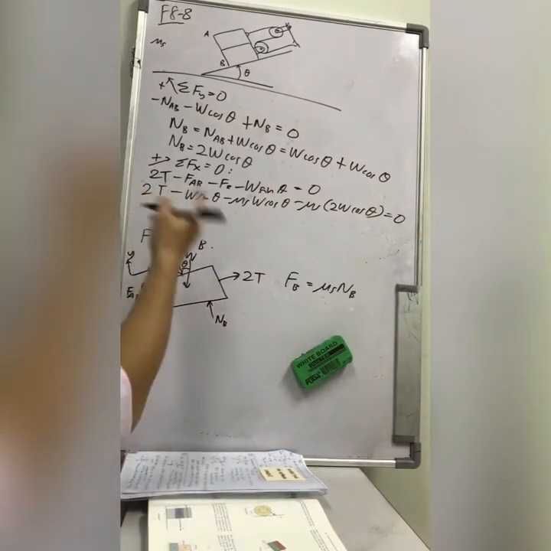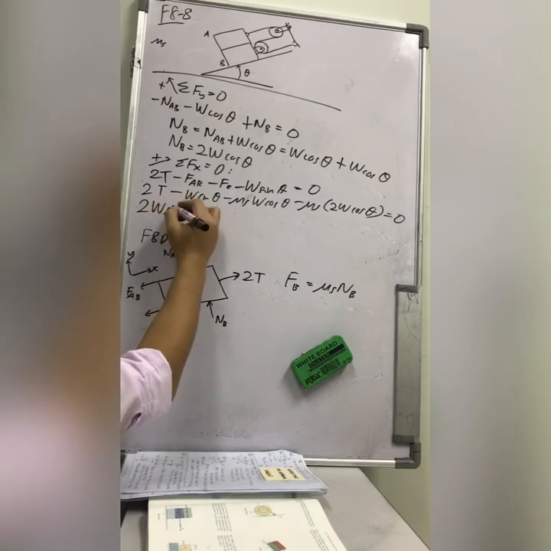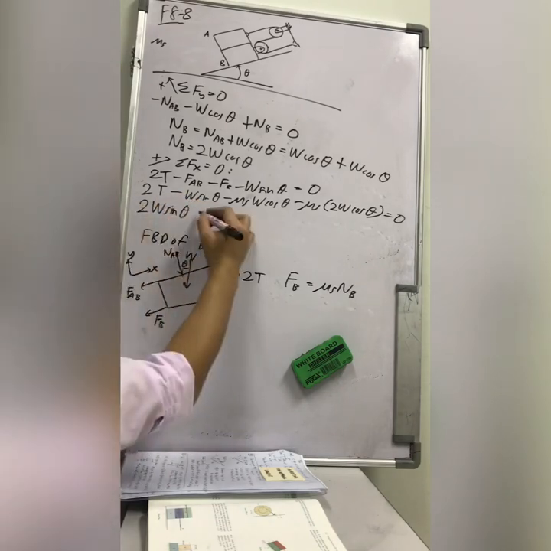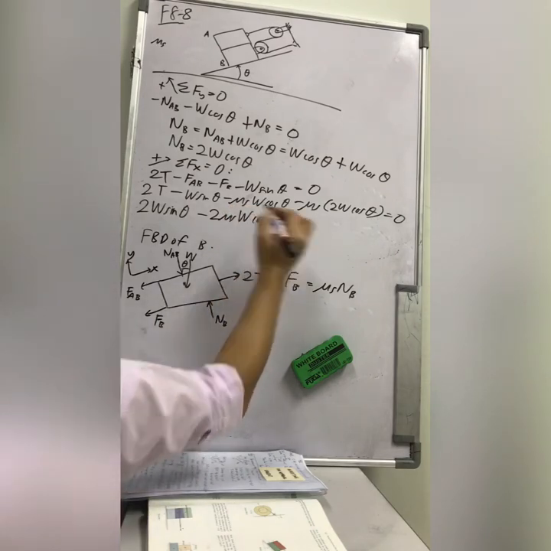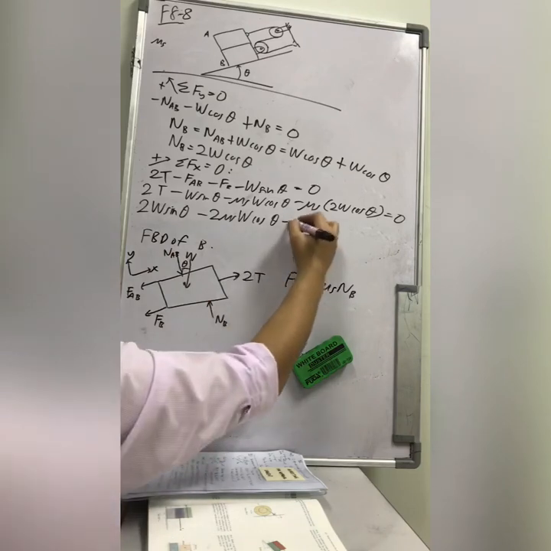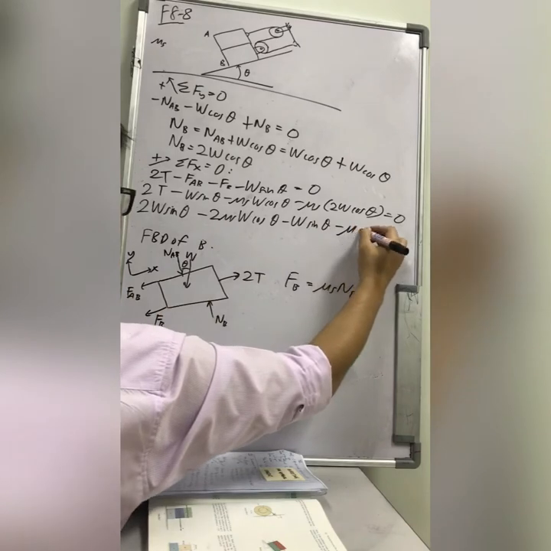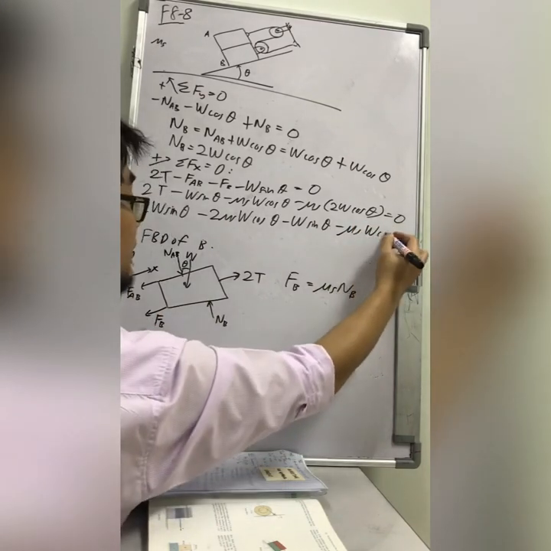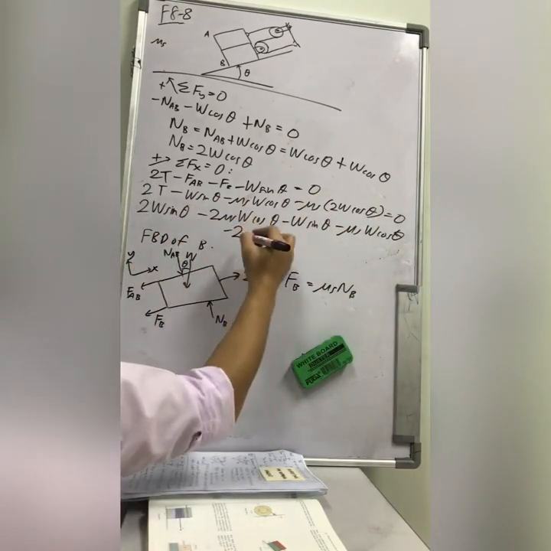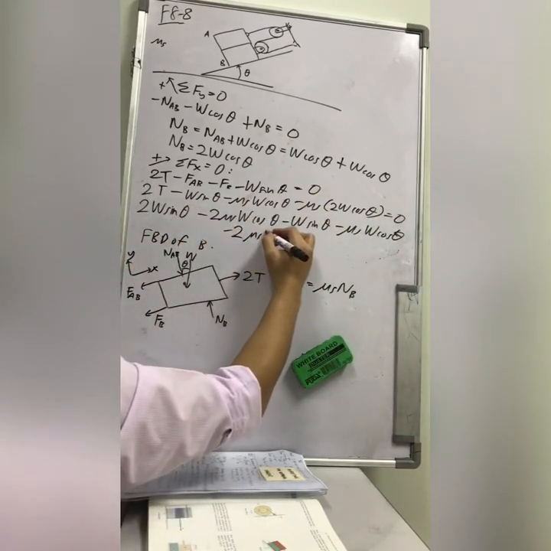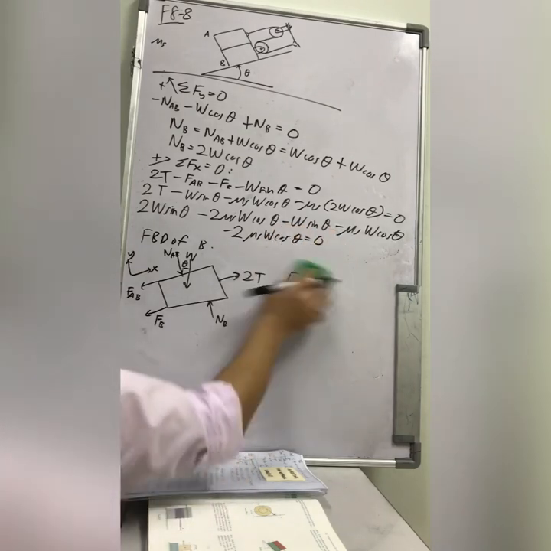And then you put the T from before, and it will become 2W sine theta minus 2 mu_S W cosine theta, minus W sine theta, minus mu_S W cosine theta, minus 2 mu_S W cosine theta equals 0, right?